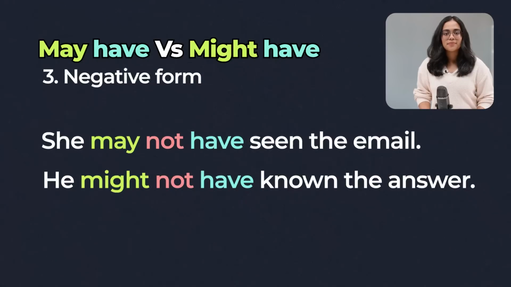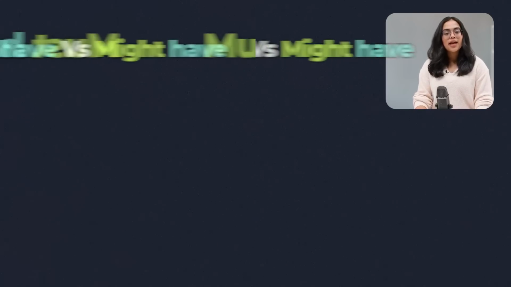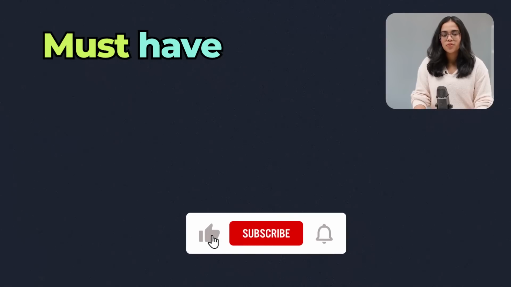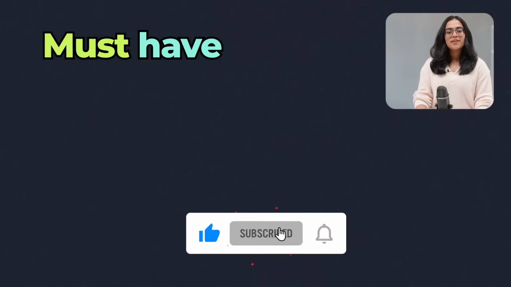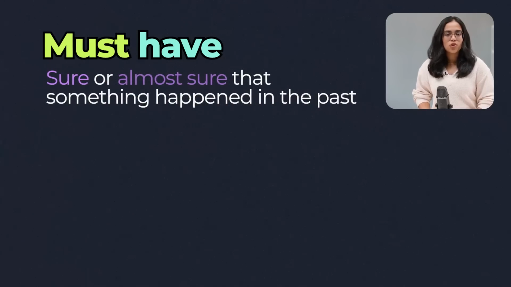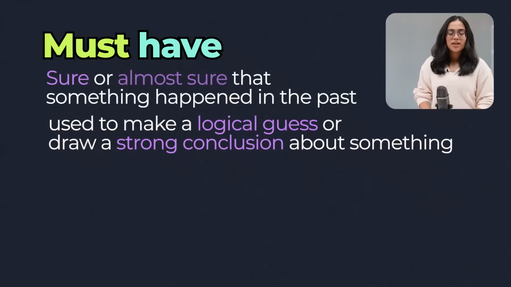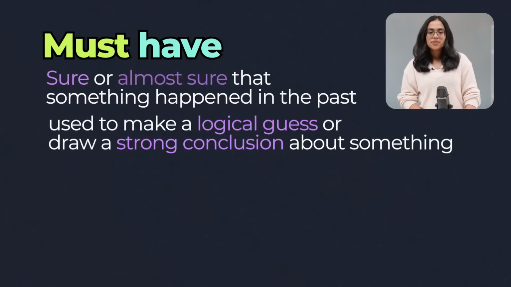Now, let's look at the third modal verb, which is must have. We use this when you're sure or almost sure that something happened in the past. It is used to make a logical guess or to draw a strong conclusion about something that happened in the past.